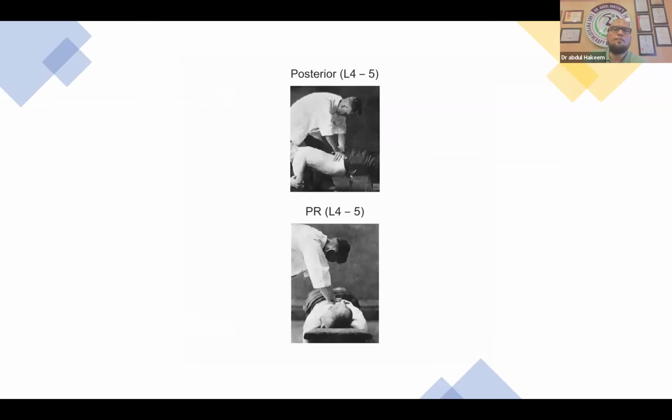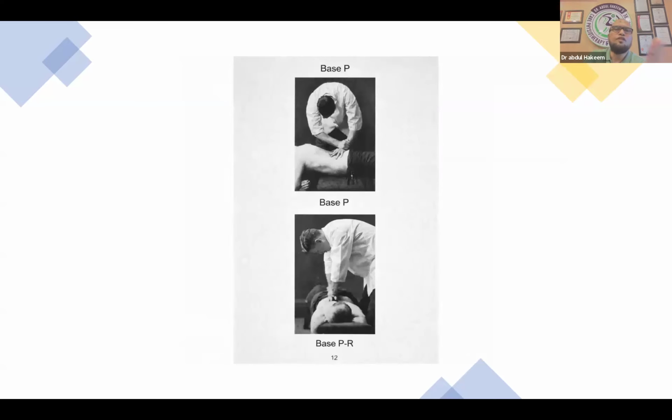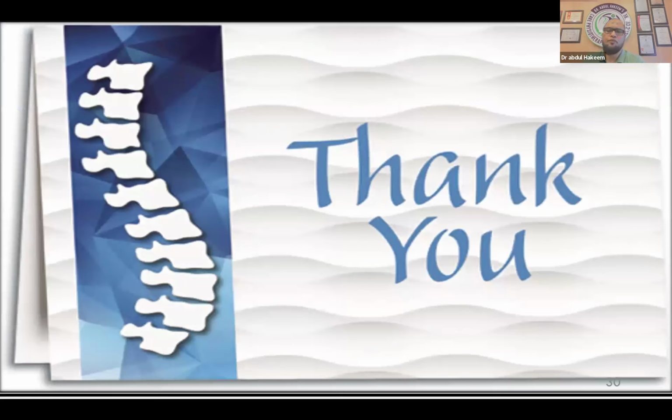Depending upon the area we have to go for the adjustment. This is for base P. Base P always. This is the base P and this is apex P. Posteriority of the apex, posteriority of the base. This is for base P. Then this is for apex P.